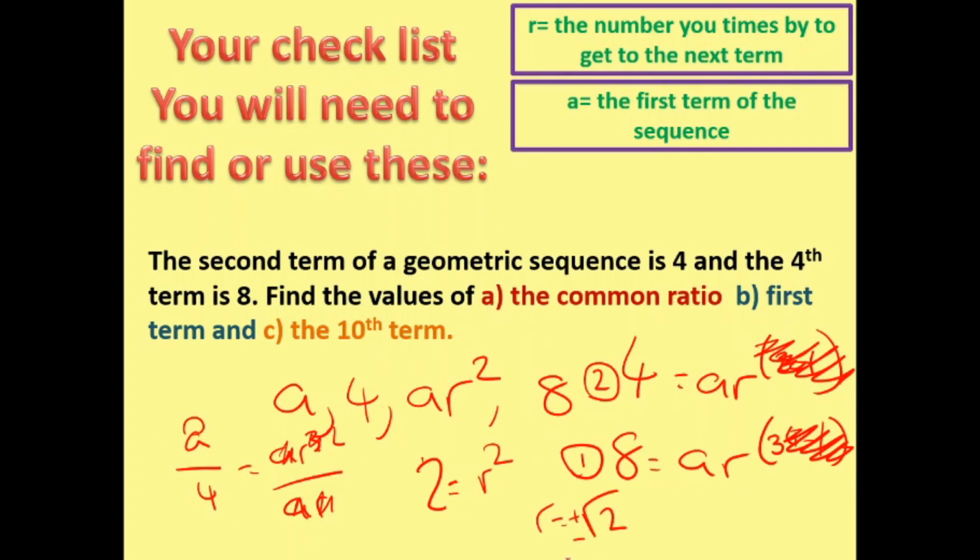Let's do plus or minus to go either way. And then all I need to do now is to work out what the A is. So I know that AR equals 4, so A root 2 equals 4. Now A is going to be 4 divided by the square root of 2. Let's rationalise that on the calculator, just because I don't like dealing with that, which is 2 root 2.